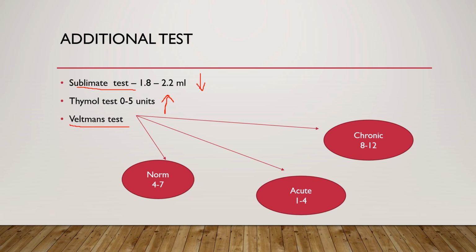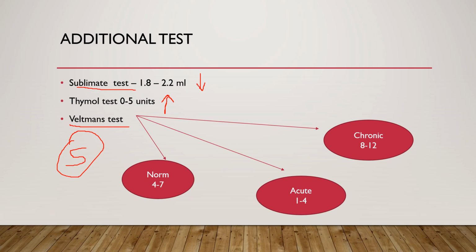On analysis you will see results like the Weltman test with 5 test tubes. If the value is between 4 and 7, the Weltman test is normal, and it is not indicating any kind of inflammation.